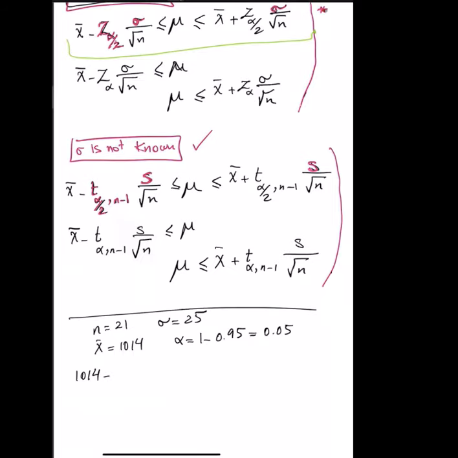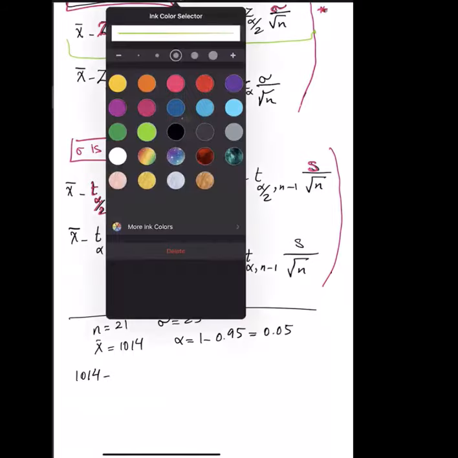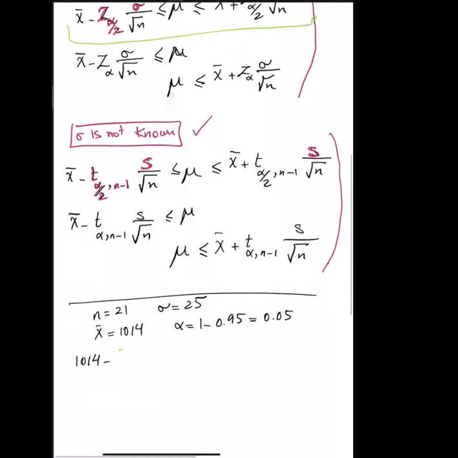So in the formula I have to put z of 0.025, because if alpha is 0.05, then alpha over 2 is 0.025. The 95% is the confidence level. So alpha over 2 is 0.025.